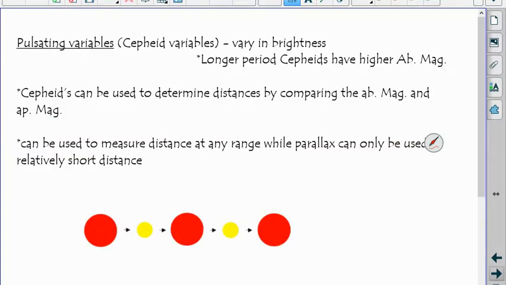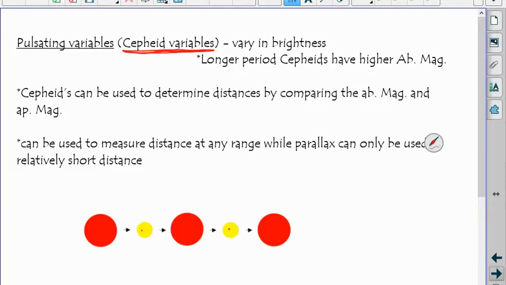This is not going to be on the exam, but it's something I wanted to mention really quickly because it was mentioned before in one of your things. Cepheid variables are another way of determining distances. These are stars that vary in brightness over time. They puff up and contract, puff up and contract, and they do so at regular intervals.